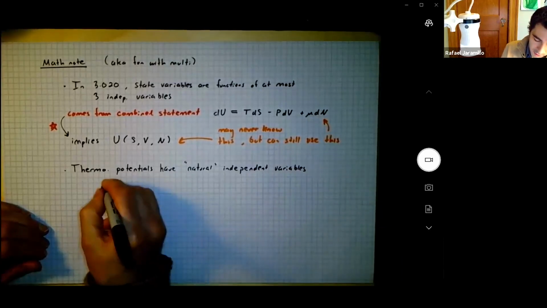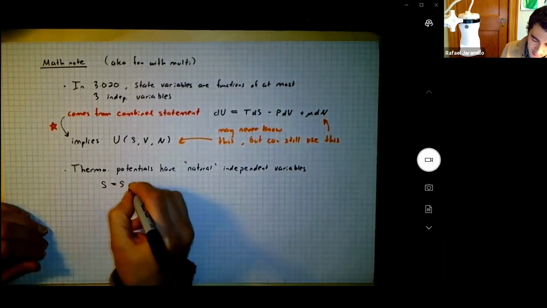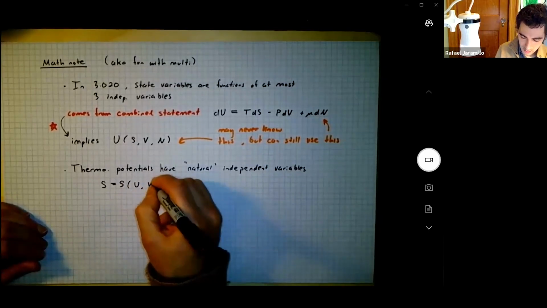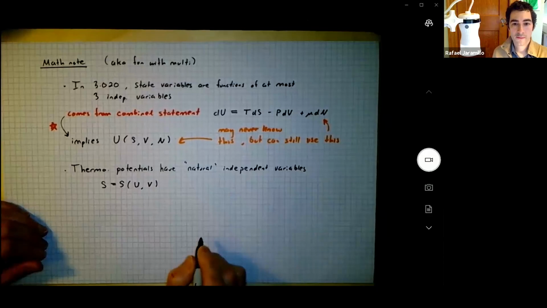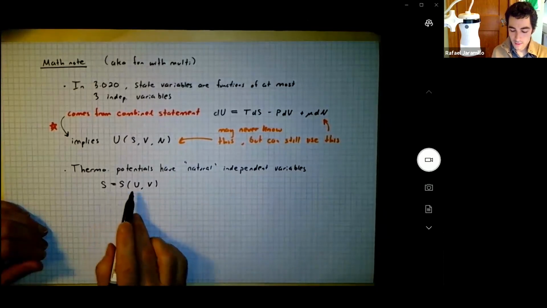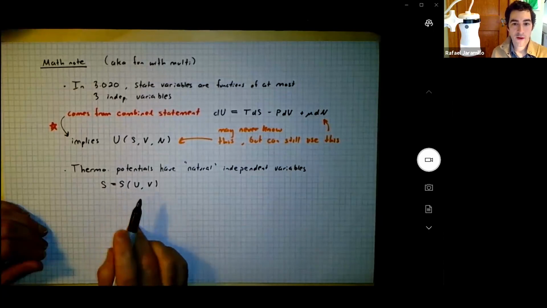So for example, entropy is a function of energy and volume. If you remember, at equilibrium, entropy was max for fixed energy and fixed volume. That tells you that those are its natural variables.